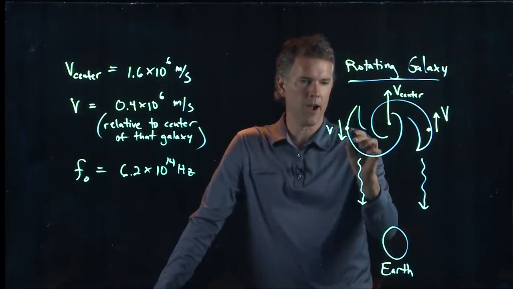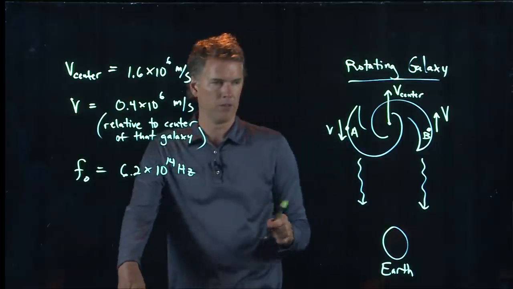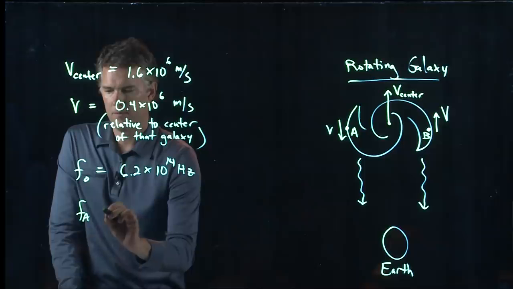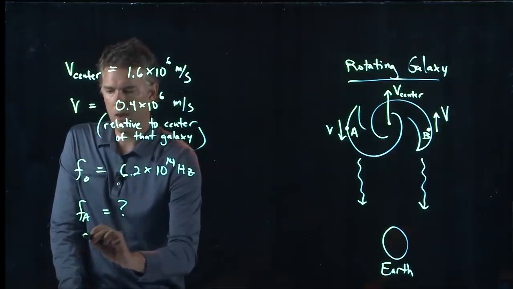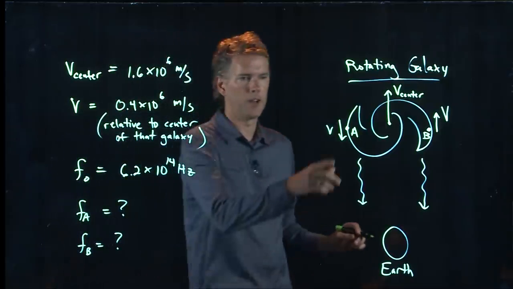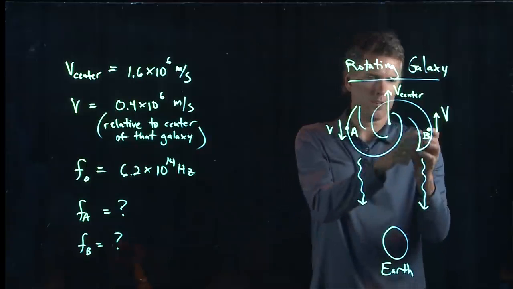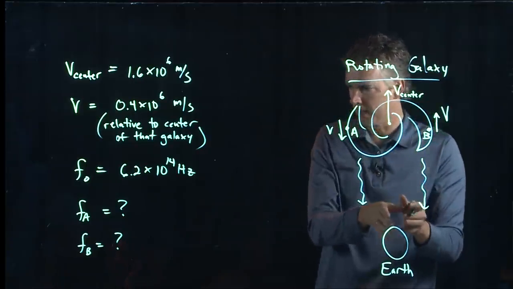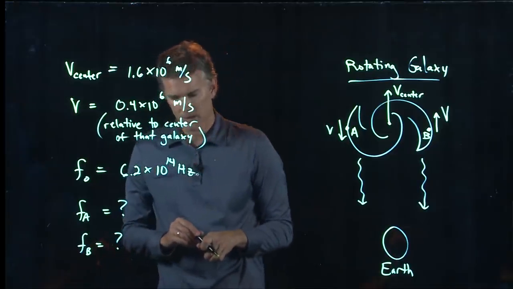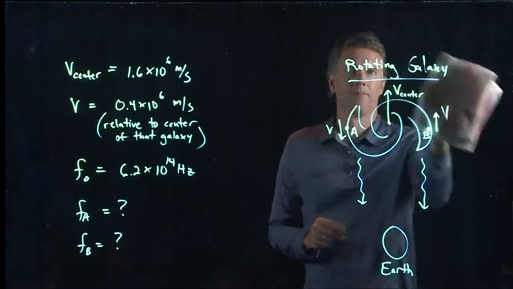We want to figure out what is the observed frequency from A, and what is the observed frequency from B. Okay, you've got a star on this side that is emitting some light, and we're going to collect it. You've got a star on this side that is emitting some light, and we're going to collect it. And we want to figure out what those frequencies are. Okay, so we go back to the Doppler shift.